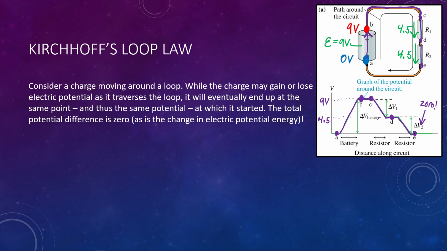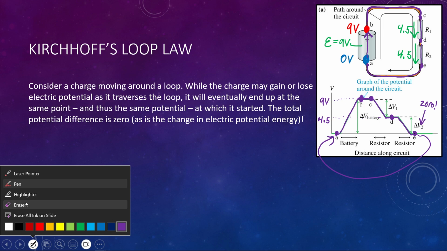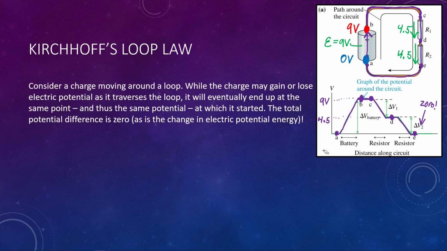That's a good thing, because we are now going to move along an ideal wire where it stays 0, and we get back to the negative terminal of the battery, the starting point, which is always defined as our 0 potential point. So we're back at 0, and now basically the whole thing repeats, and you start over again. So this is what happens in our circuit with a battery and 2 resistors.